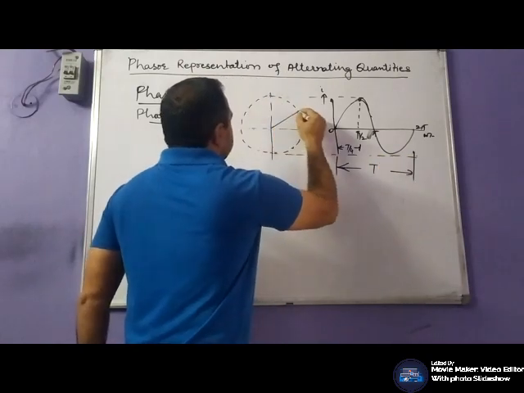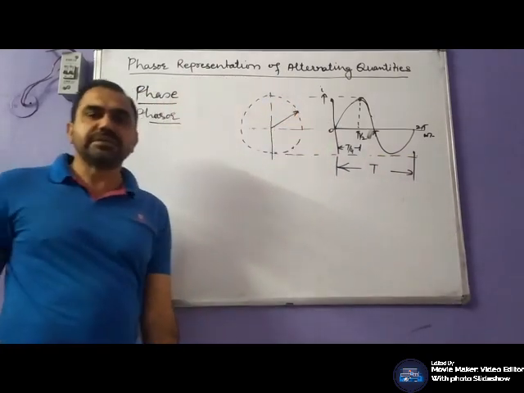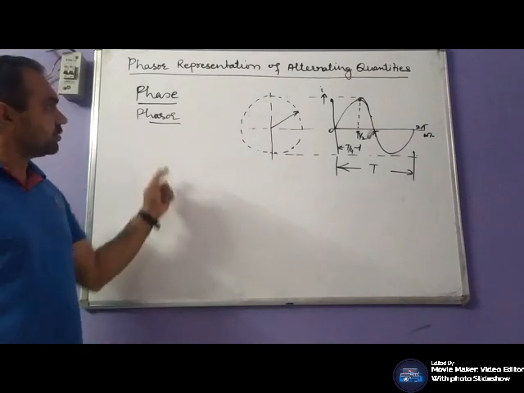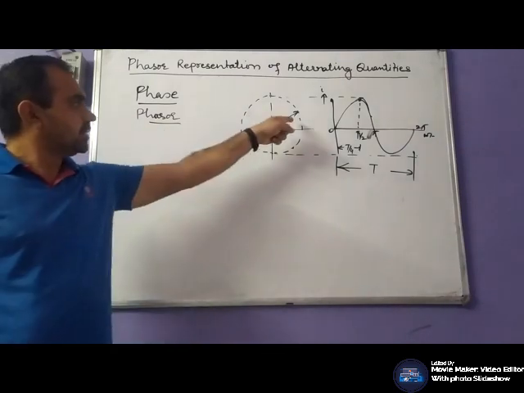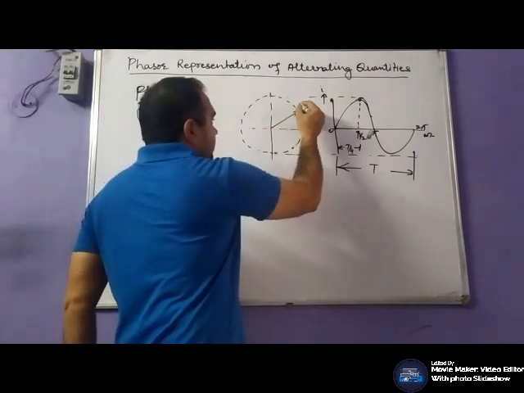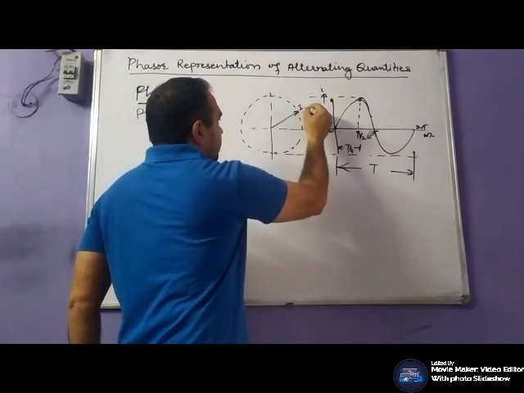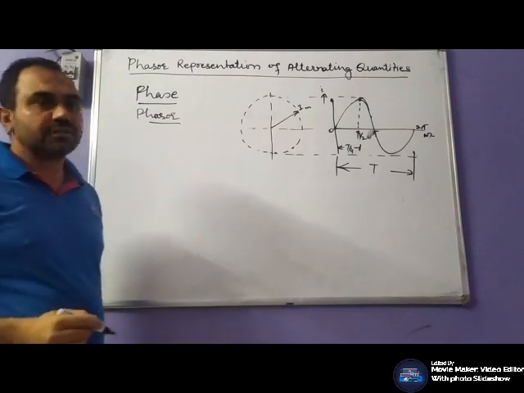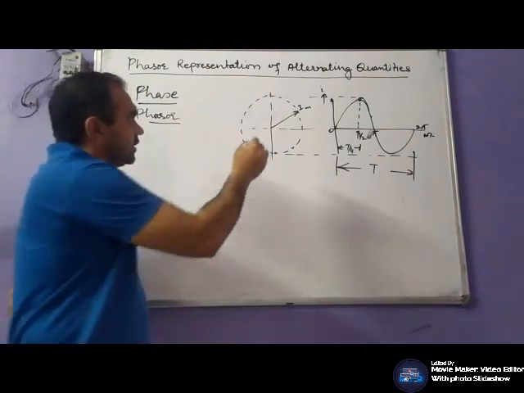That phasor is a representation of this phase by a line of definite length, and the length is equal to the maximum value of the alternating quantity. For example, it is for current.